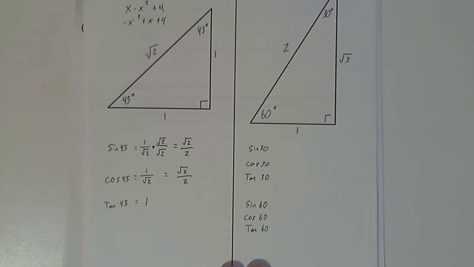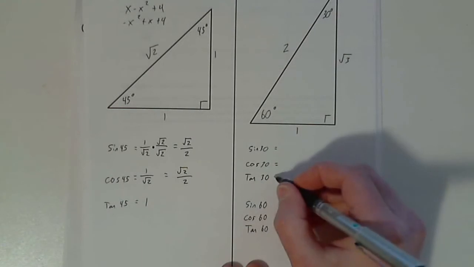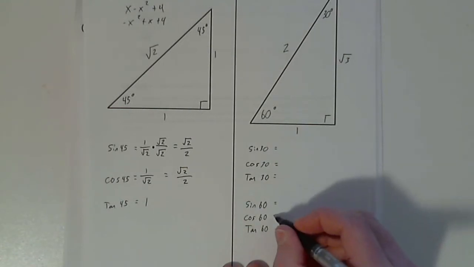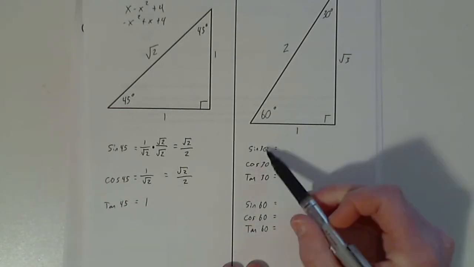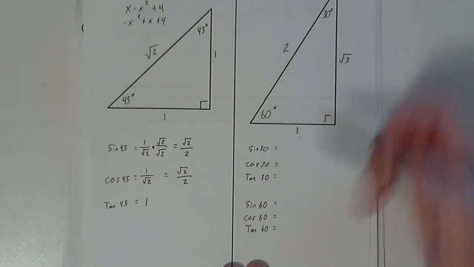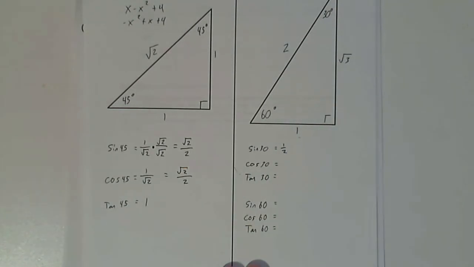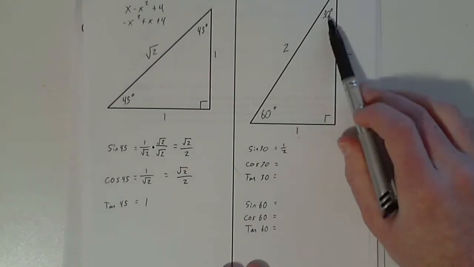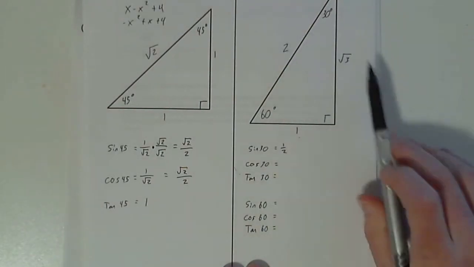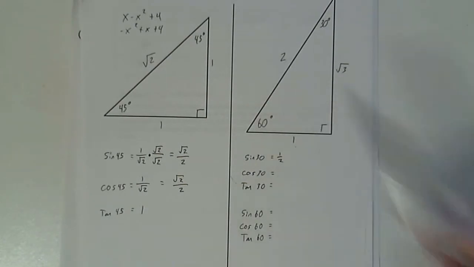If I'm going too fast, just pause the video and make sure you get all this copied down. So sine of 30, it's O over H, is a half. That's nice and easy. Cos of 30, so A over H. Adjacent means touching, so which one's touching the 30 degrees? A over H, root 3 over 2.